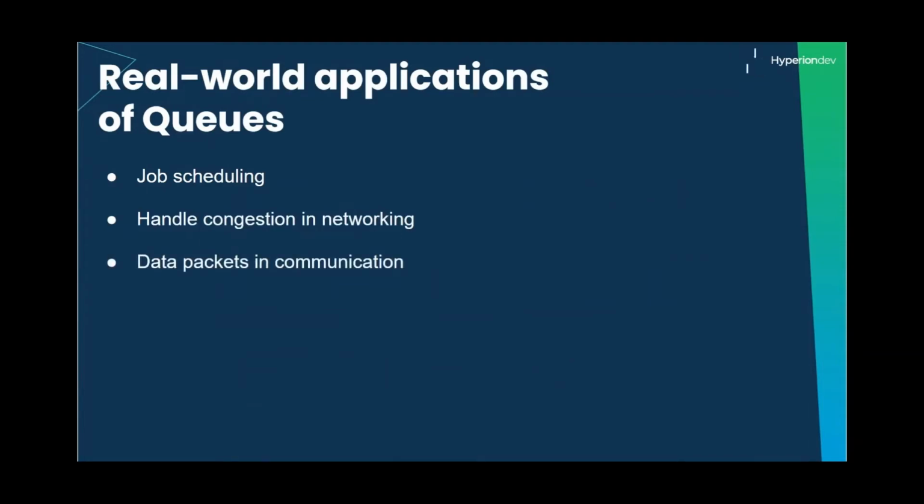Data packets in communication can also be arranged in a queue format. Switching between multiple application windows makes use of a circular queue. And lastly, it's also used in call centers, where calls of people are put on hold while the person is in another call.